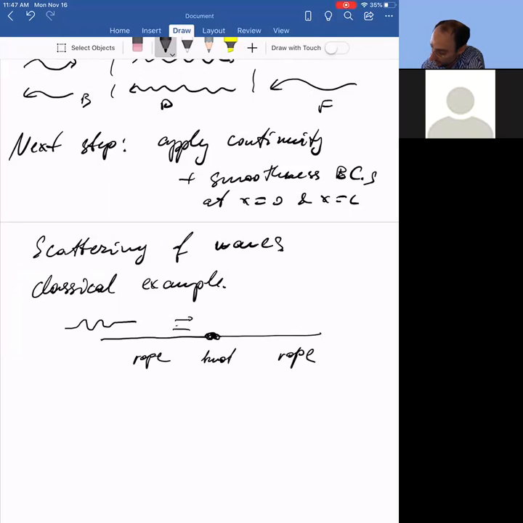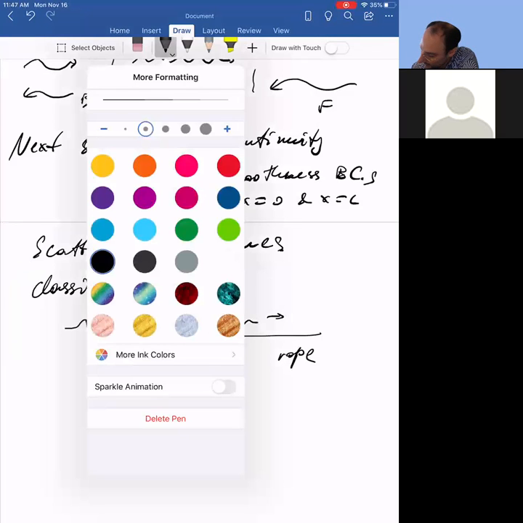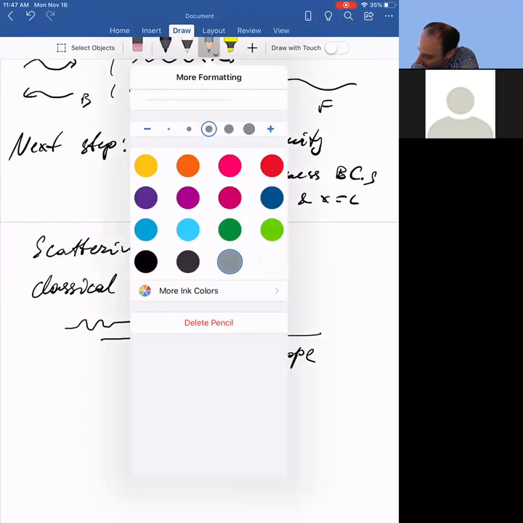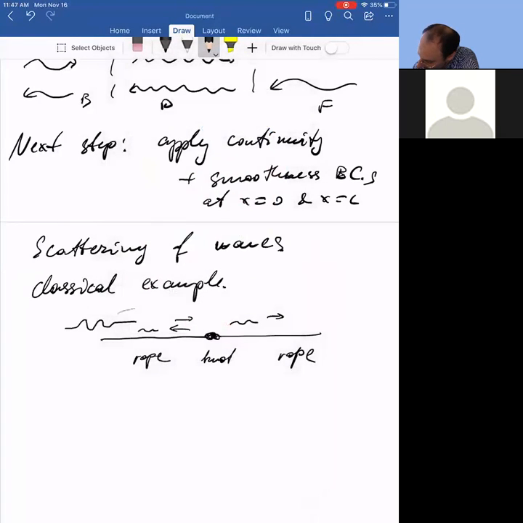Part of the energy gets reflected, and part of the energy gets transmitted. Let me use a pencil right here. So this is an incident wave. This right here is a reflected wave. And this is a transmitted wave.